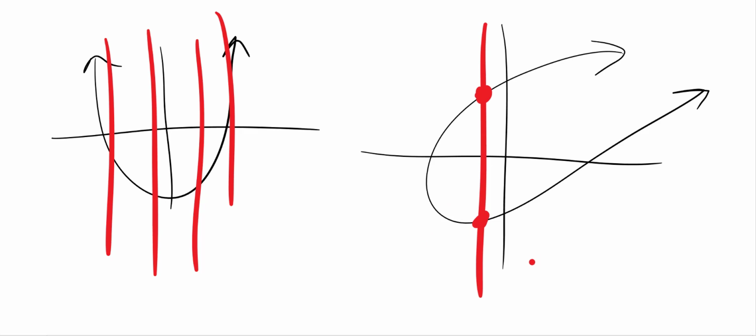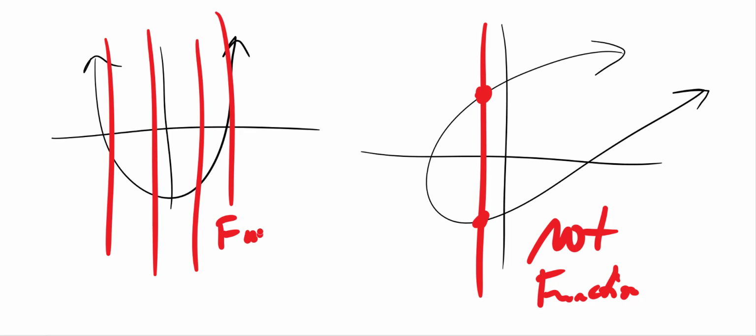So this is not a function. And the one I did on the left here is a function. Really, really simple to identify that. So that is how you identify, using points and using a graph, if it is a function.